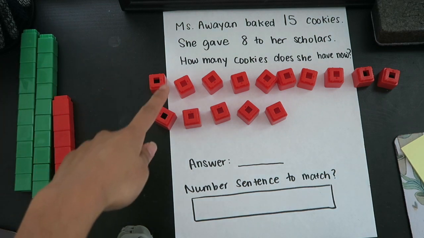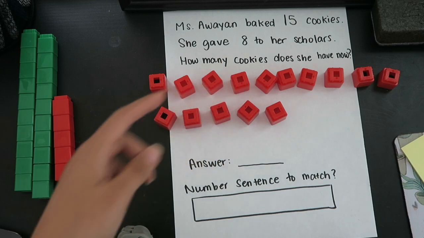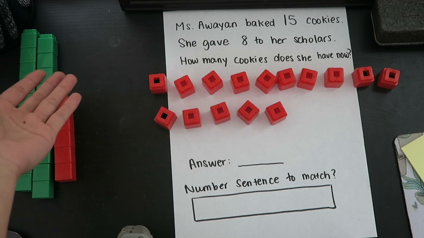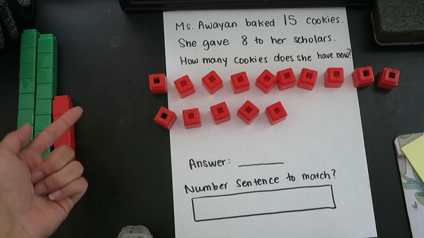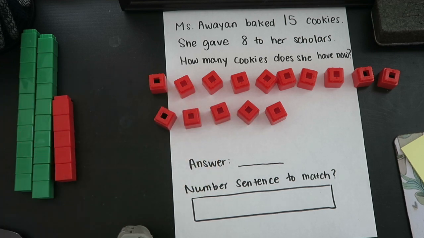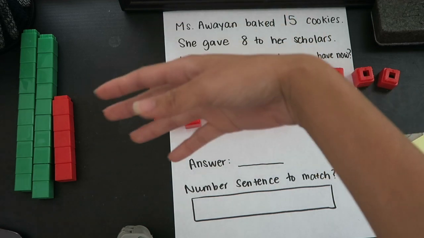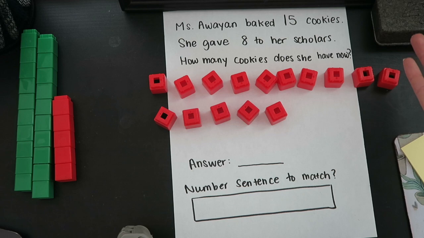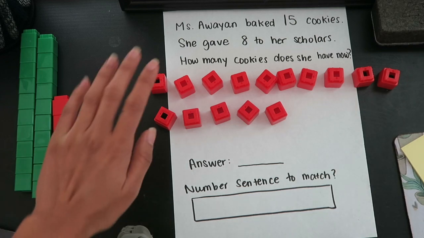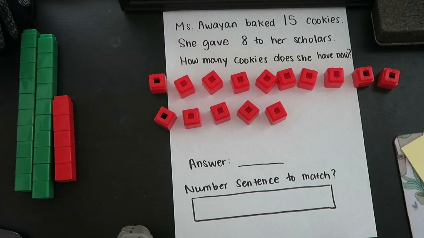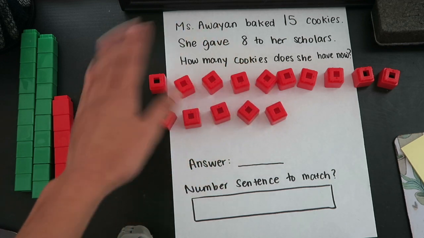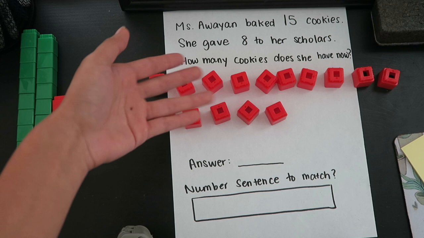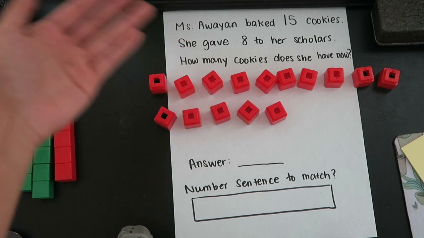Now she gave 8 to her scholars. If I'm giving something to my scholars, where am I going to put my cookies? I need to put them away because I'm giving them to my scholars. I don't have them anymore. So I'm going to put away 8 because I gave 8 away.